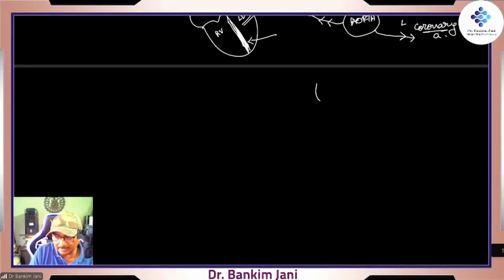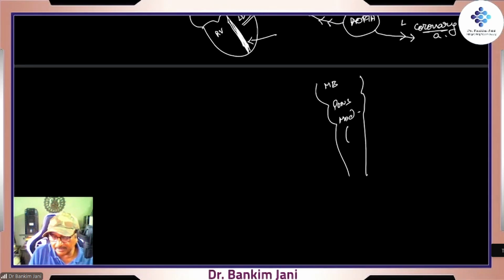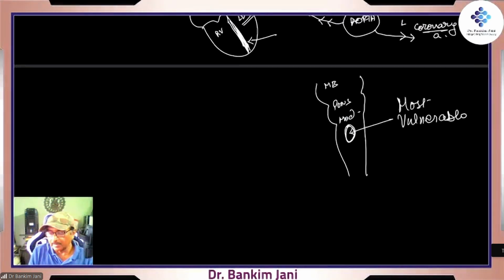So this is the midbrain, and the pons and medulla. In the medulla, there is a respiratory center, and this respiratory center is most vulnerable to hypoxia. Hypoxia means the lack of oxygen.